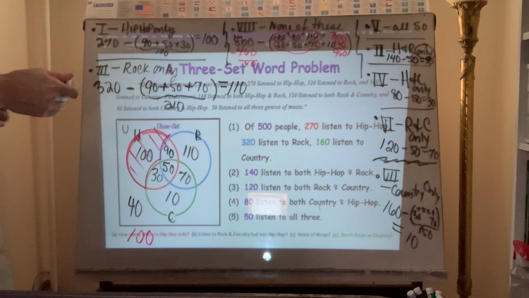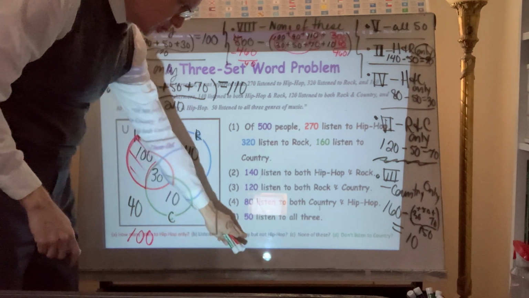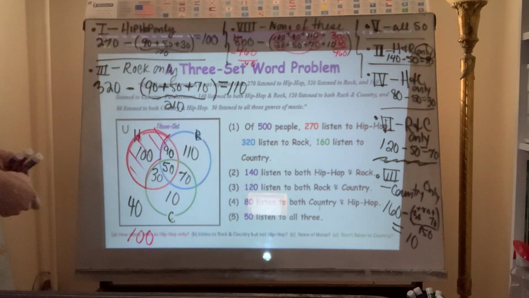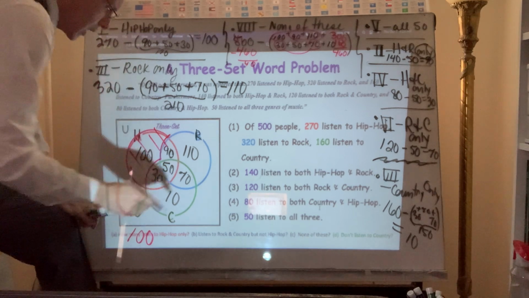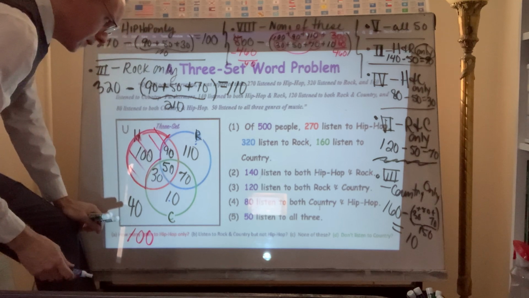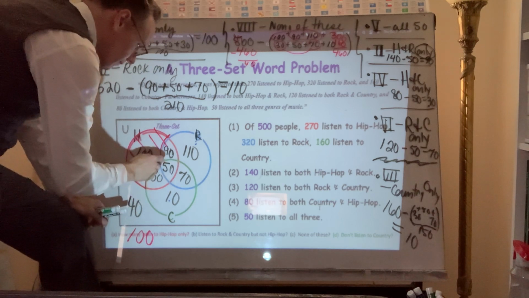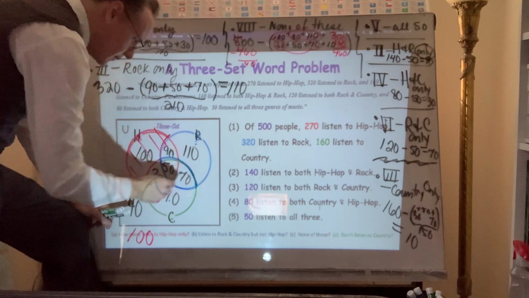Okay. The next one, how many people listen to rock and country but not hip hop? That's phrased kind of weirdly, right? But we could figure it out. Rock and country are these two regions, and rock and country would be this biscuit, right?